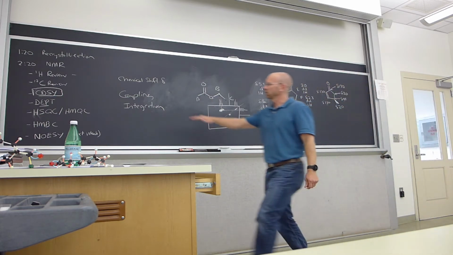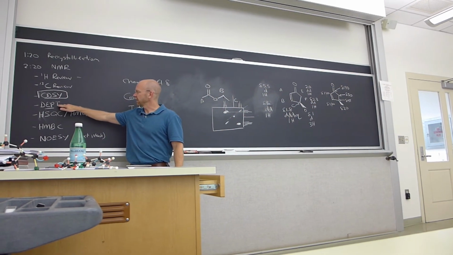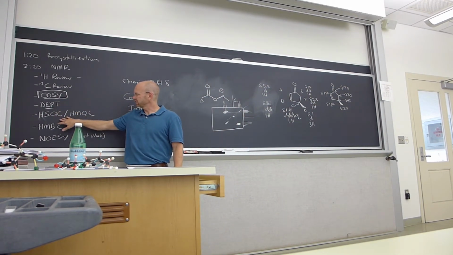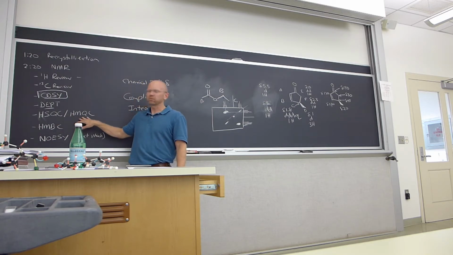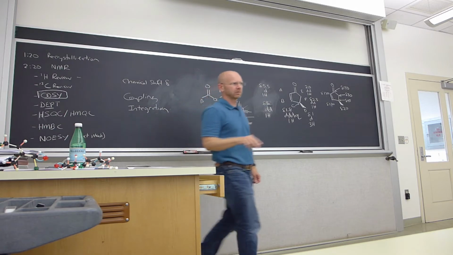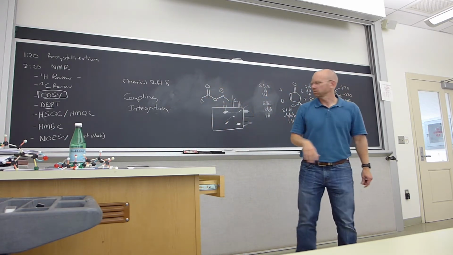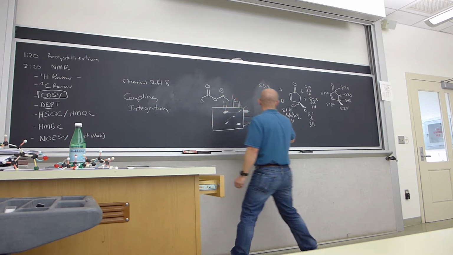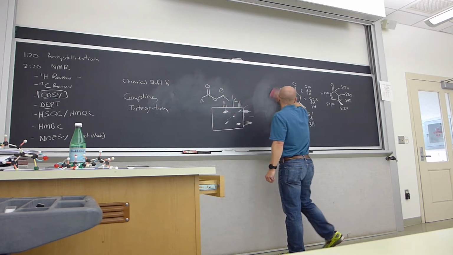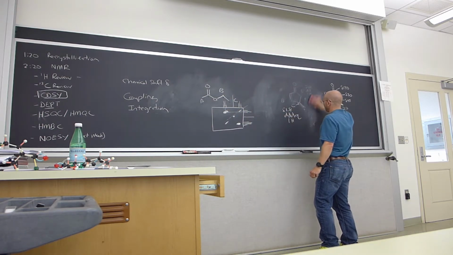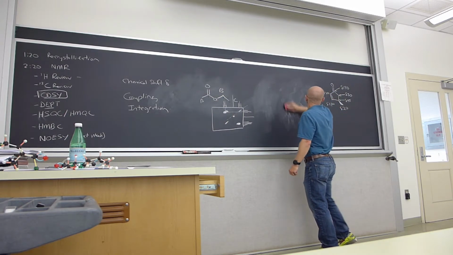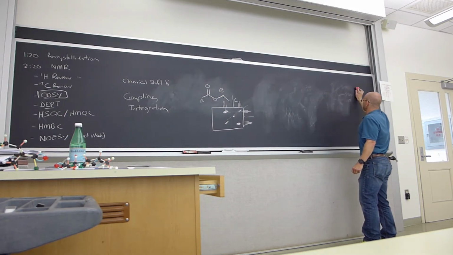So we've talked about COSY, and we've talked about DEPT. DEPT, HSQC and HMQC are very similar experiments, except the HMQC is a two-dimensional experiment, much like a COSY is. So let's talk about that. I don't have data for ethyl acetate for that one.